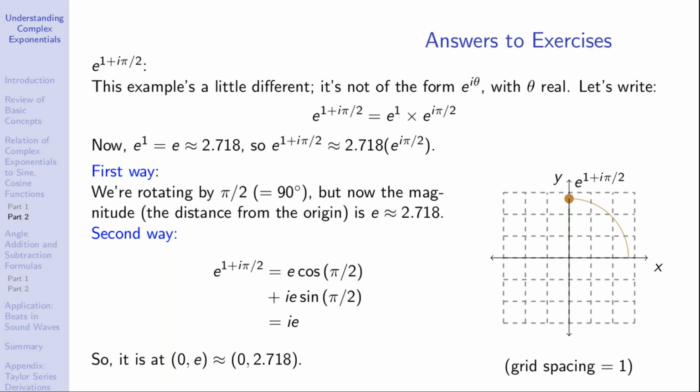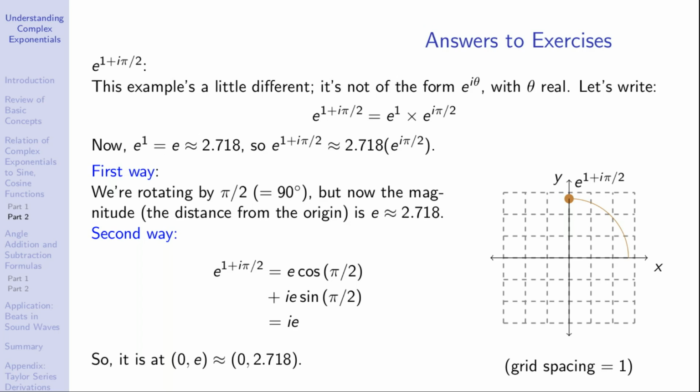Now e to the power of 1 is just e, which is about 2.718. So e to the power of 1 plus I pi over 2 is approximately equal to 2.718 times e to the I pi over 2.